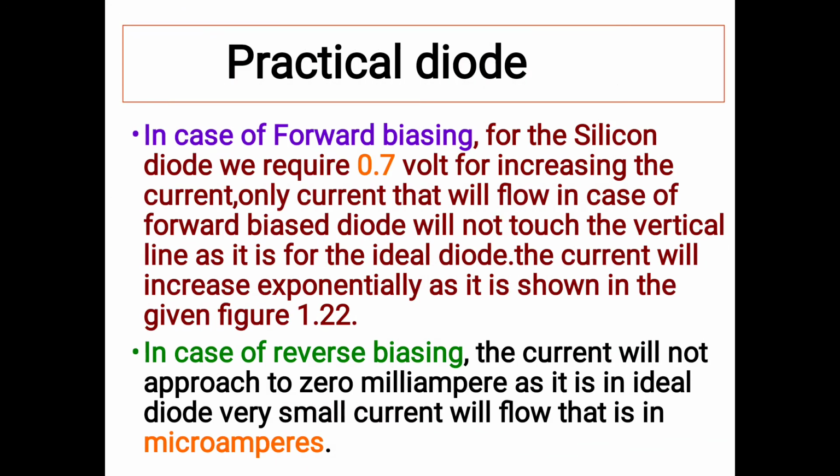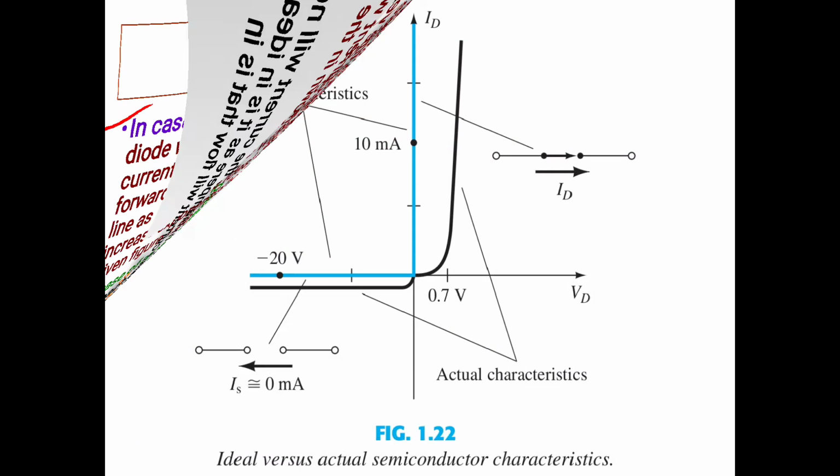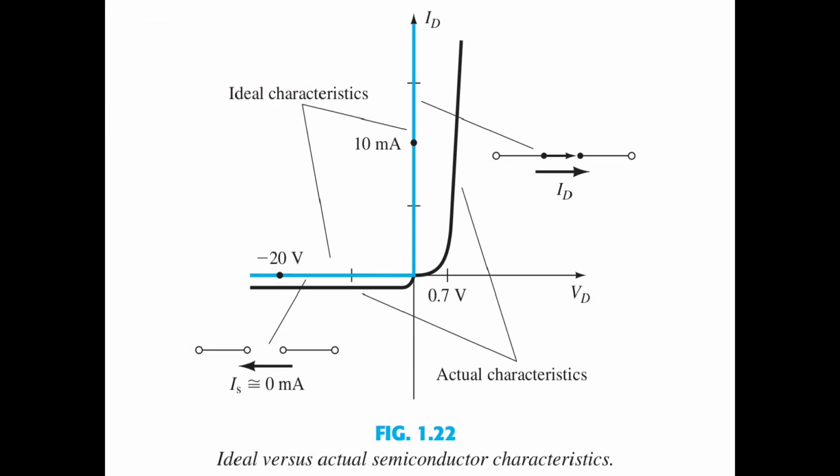Now let us see the practical diode characteristic. In case of forward biasing of the practical diode, we have taken the silicon diode. We know that for the silicon diode, the barrier potential is equivalent to 0.7 volt.